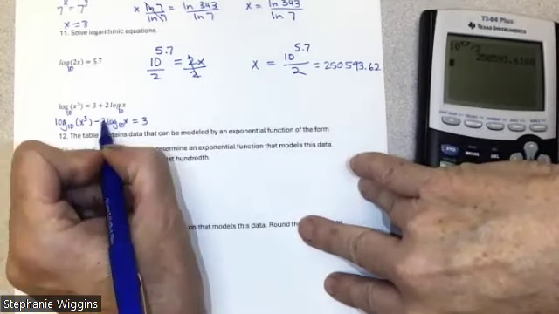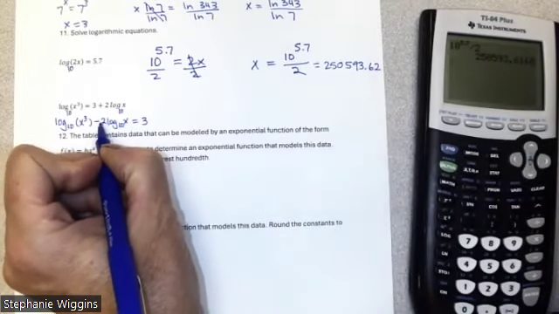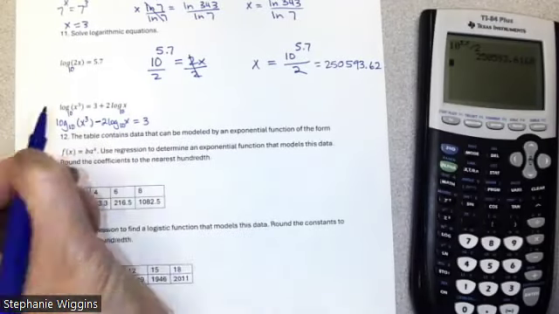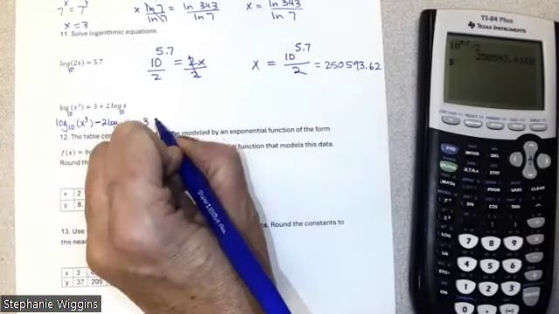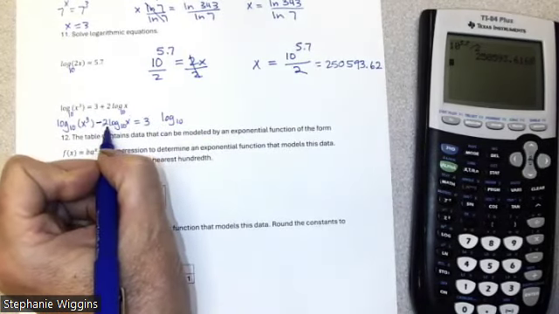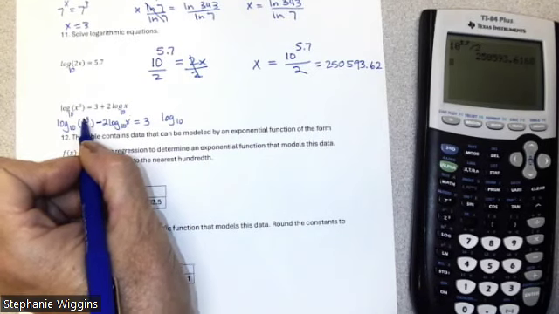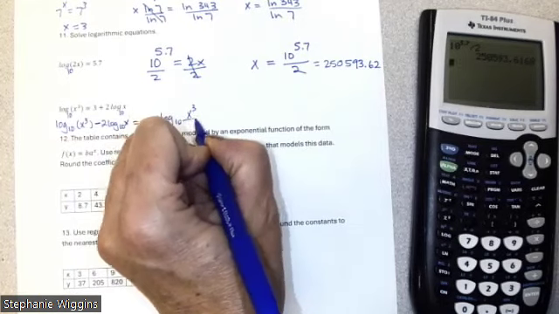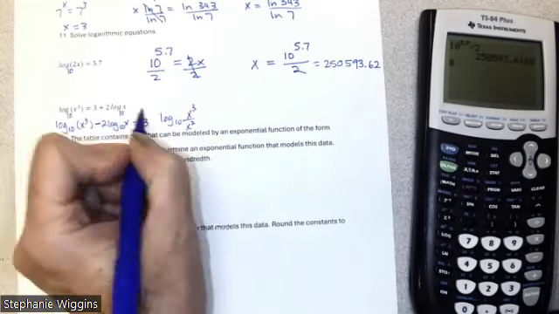So this becomes the exponent on x squared, and then because it's minus, it's going to be in the denominator. So this becomes log base 10 of x cubed divided by x squared.